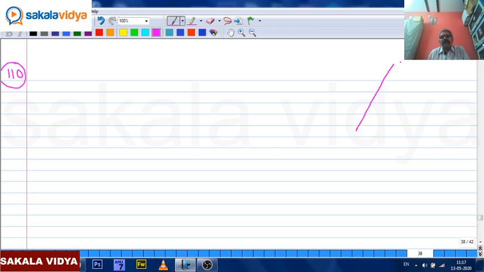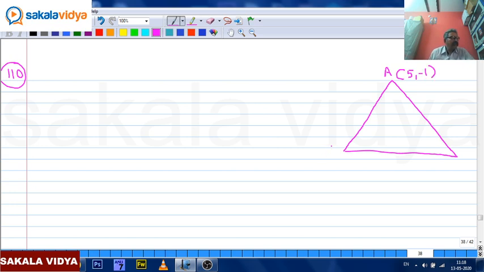See, for example, this is triangle ABC. Say A coordinates are 5 comma minus 1, B coordinates are minus 2 comma 3, C coordinates not given, question mark.